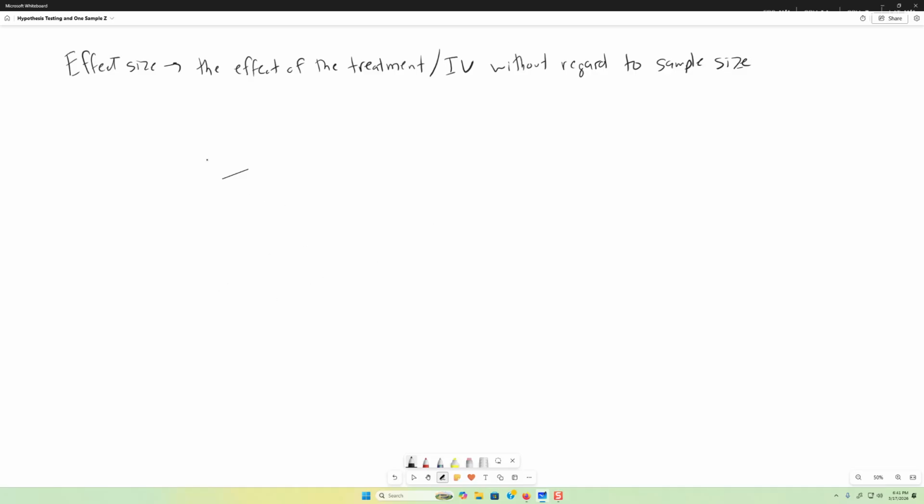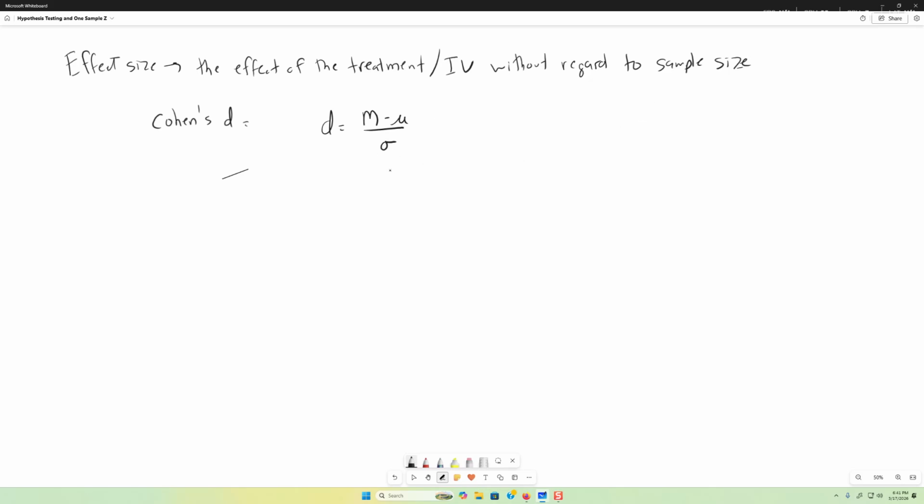So we use something called Cohen's d for a test like this. Cohen's d is equal to the mean difference on the top, so M minus mu, and the population standard deviation on the bottom.